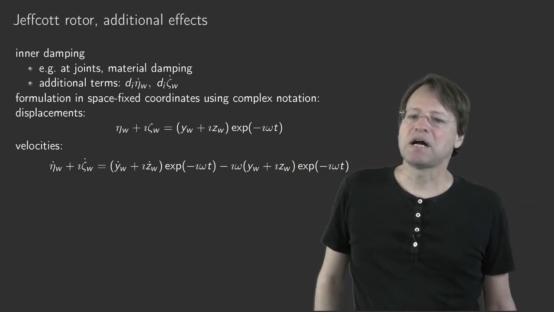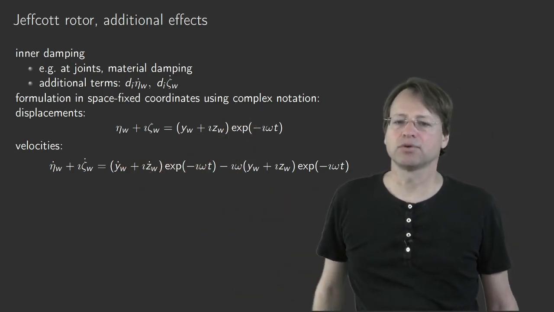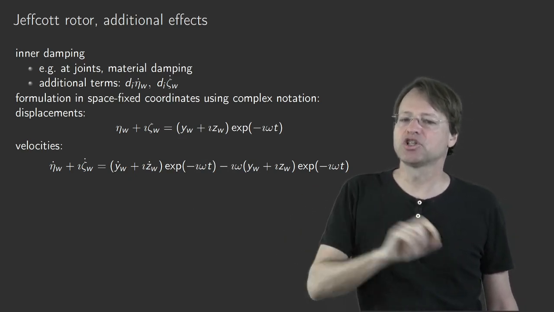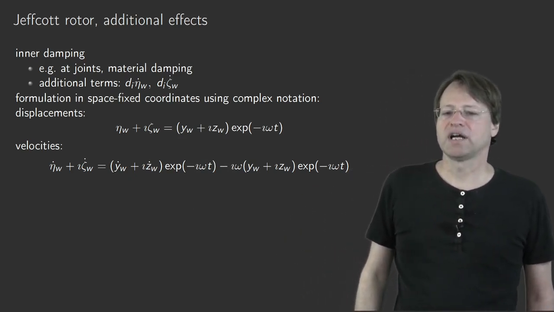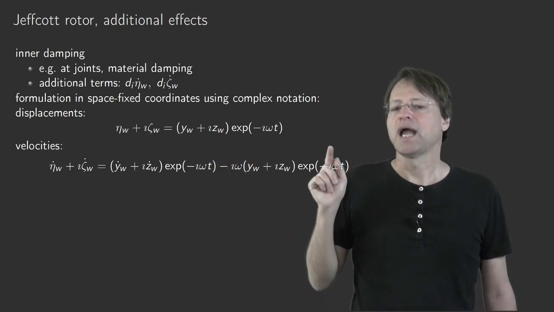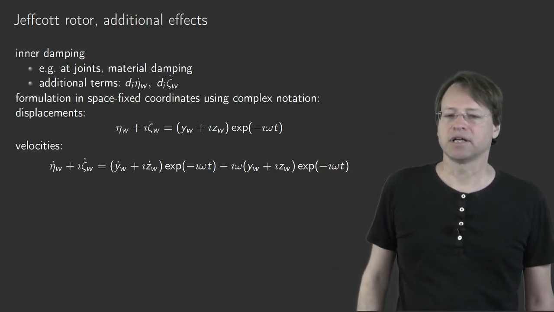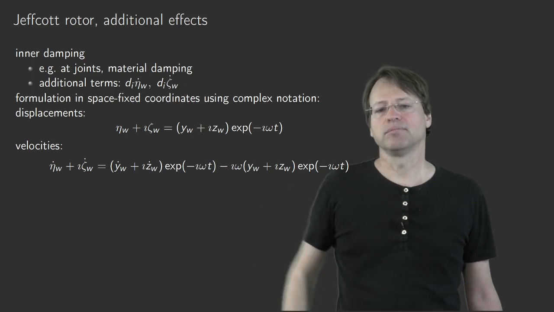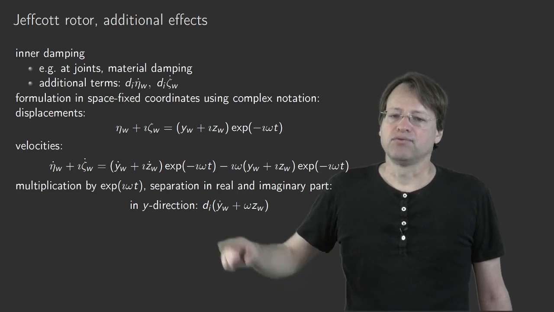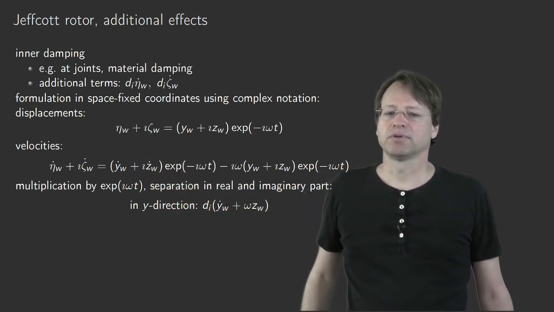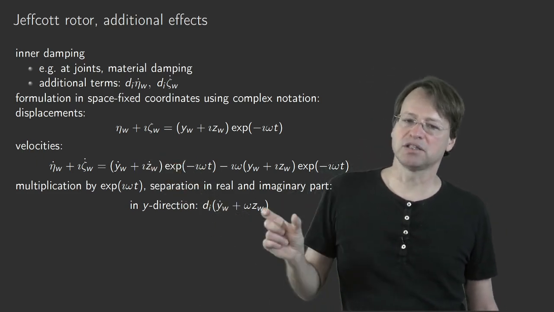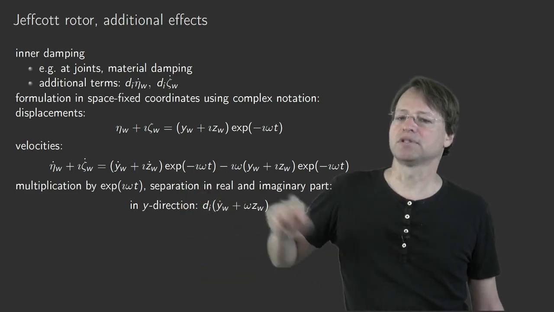And now we multiply each term, so the whole equation I could say, by d_i, and we split the equation in the real part and in the imaginary part in order to find the contribution to the y direction, so space fixed y direction of course, and to the space fixed z direction, so the appropriate contributions from the inner damping. Before I multiply the whole expression now by exponential I omega t, so that on the right hand side we just have these space fixed coordinates multiplied with the imaginary unit.